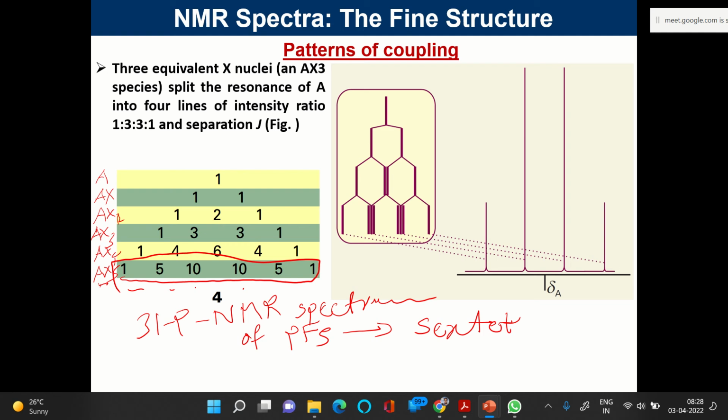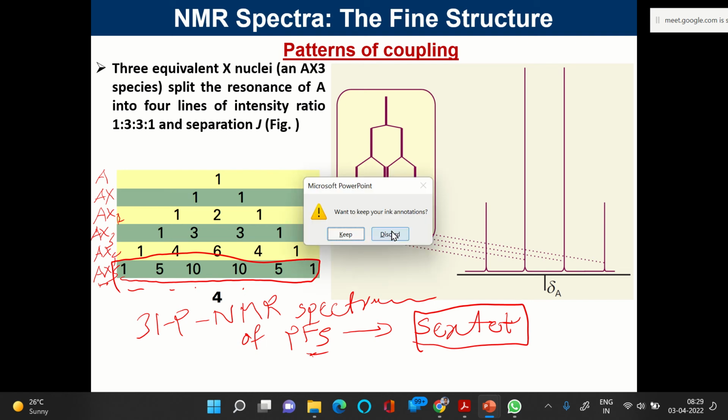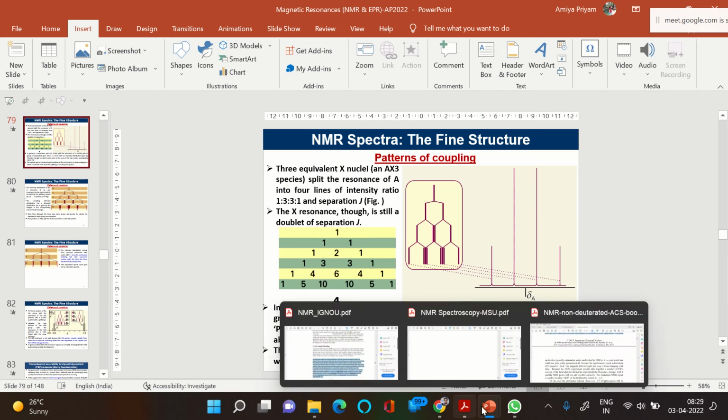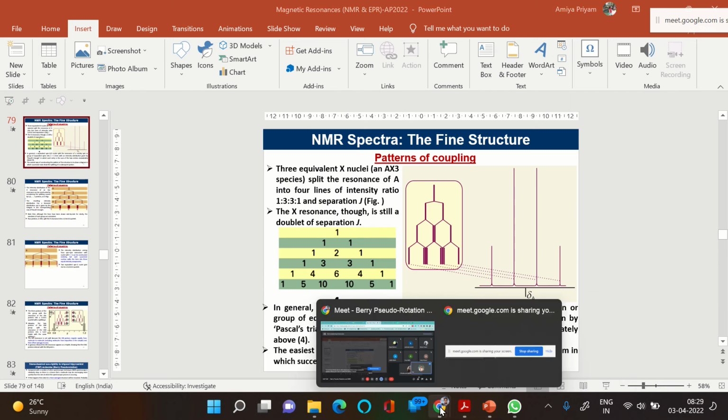We just discussed that part, and because of that you will only obtain a sextet. Due to spin-spin coupling with the 5 fluorines, the 31P signal, one signal, is split into 6. That is the signal you will obtain in the 31P NMR of PF5.